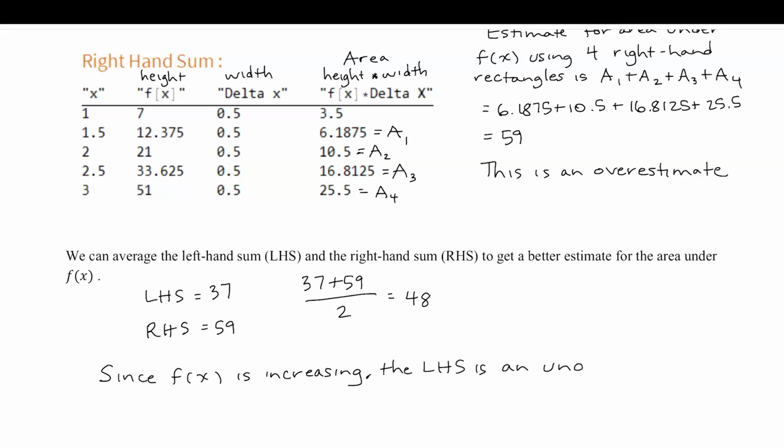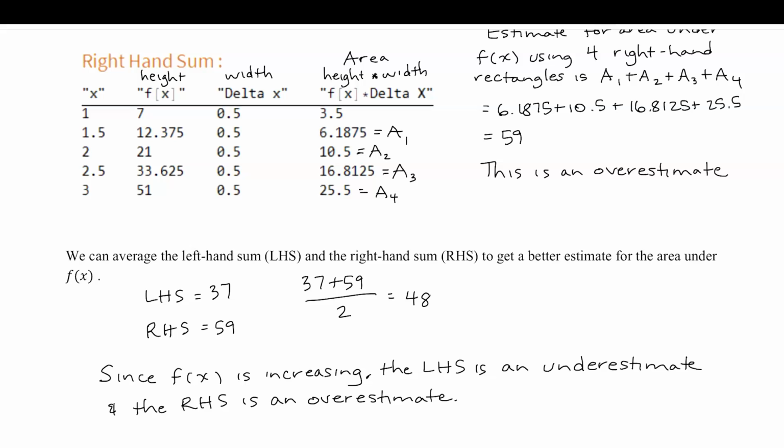So whenever I have an increasing function, the left-hand sum will be an underestimate, and the right-hand sum will be an overestimate.